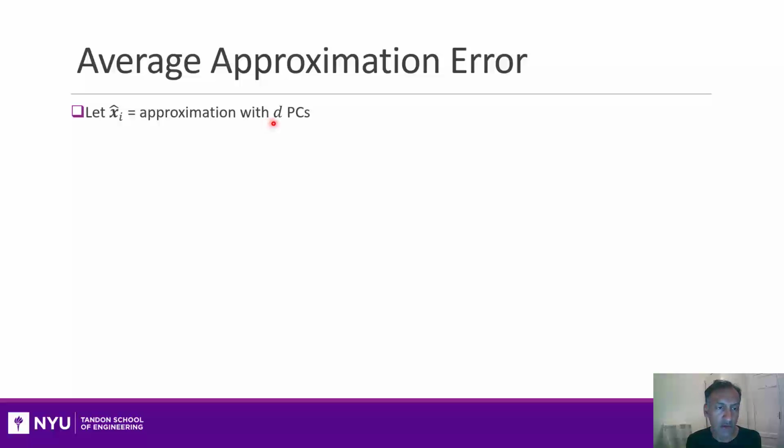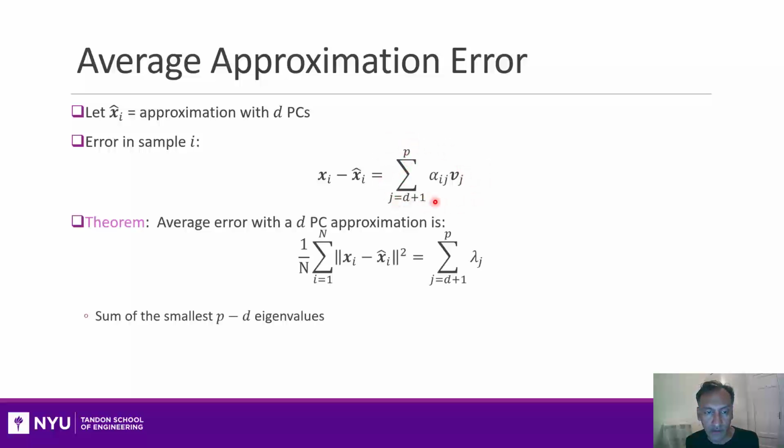I'm not explicitly showing the d in this approximation here. Now, the error on the sample i, you can easily verify, is just the error from ignoring the last p minus d coefficients. So that is where this sum here comes from.